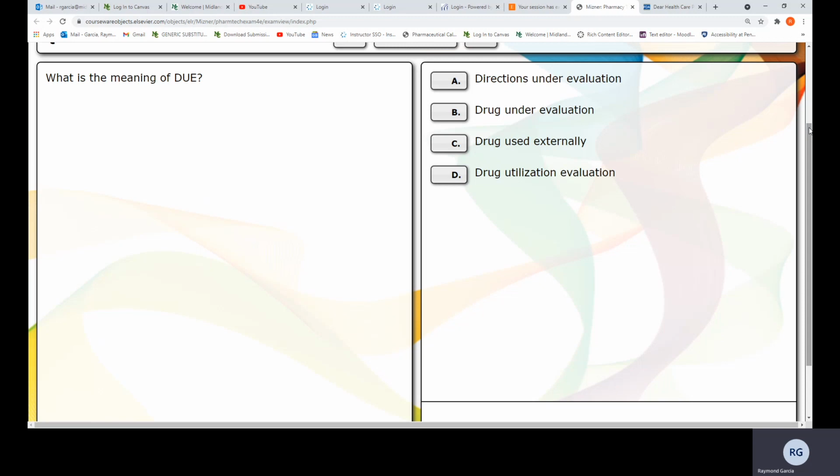What is the meaning of DUE? Directions under evaluation, drug under evaluation, drug used externally, drug utilization evaluation. For the most part, that's the one that y'all have seen before.